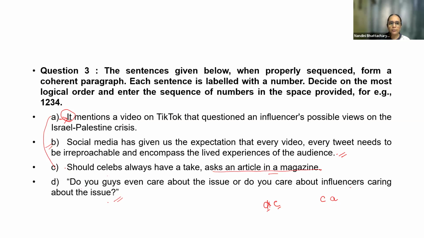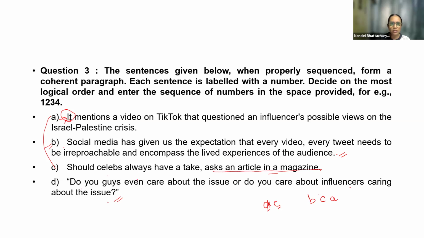Now what comes before C? The generalized statement will go before, right? So we can say B can come first. Social media has given us expectation that every video, every tweet needs to be irreproachable and encompass the lived experience of the audience.